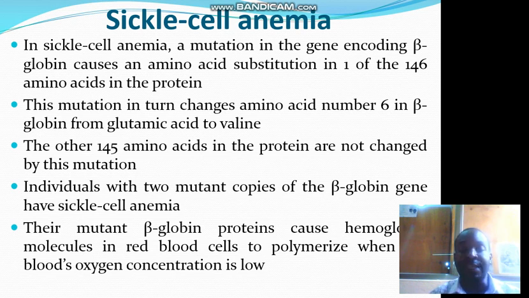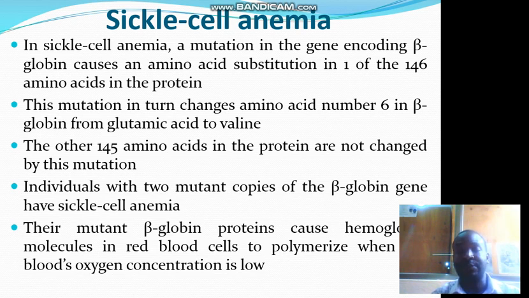With this beta globin, which has a substitution of glutamic acid to valine at amino acid number 6, the hemoglobin molecules in the red blood cells of those individuals tend to polymerize, or stick to each other. This polymerization usually occurs especially when the oxygen levels within the individual are low.